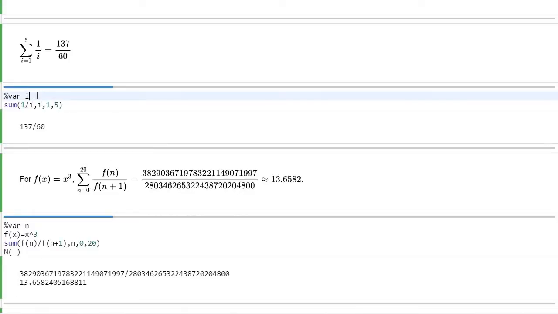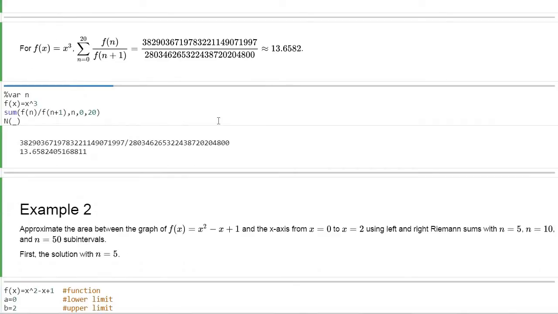Here I have the variable i, so I declared i. The sum is of 1 divided by i. The variable is i, and it ranges from 1 to 5. And that's 137 over 60. Alright, here I have defined a function f of x equals x cubed. I want to add up f of n divided by f of n plus 1.